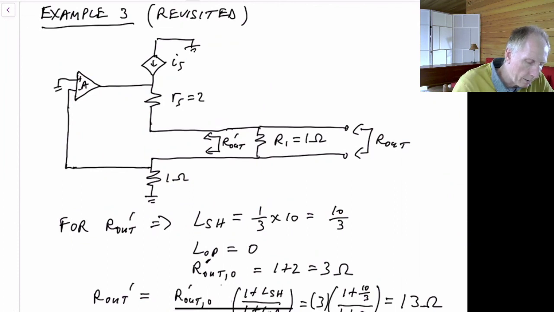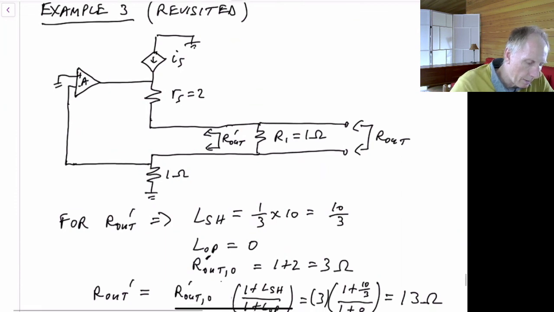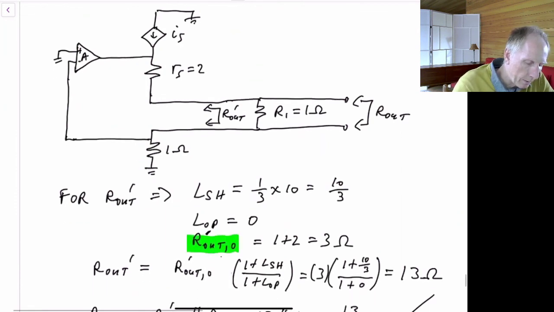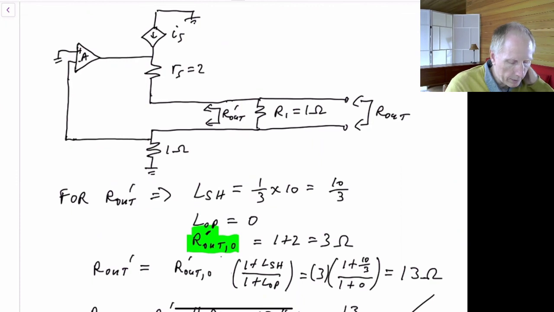The loop gain when it's opened, so if we leave this as an open circuit from here to here, it's just broken, then the loop gain is going to be 0. The impedance R out comma 0 prime will be the impedance 1 ohm in series with 2 ohms. So it'll just be 3 ohms.